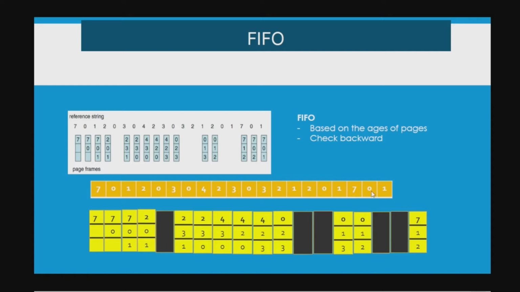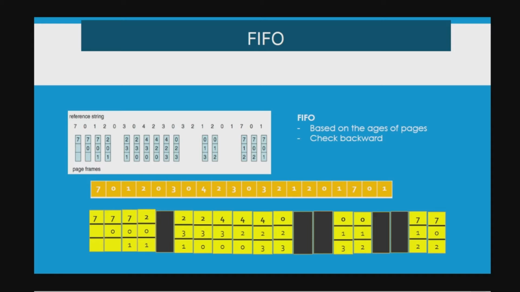Okay, next is 0. So 0 is not the resident. So you need to replace 0 with number 1. Sorry, you need to replace number 1 with 0. Okay, and then we have number 1.